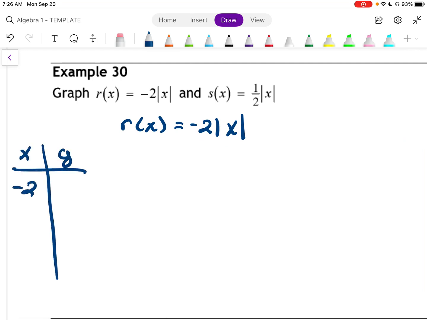We'll put in -2, -1, 0, 1, and 2. Whenever I plug in a -2 inside the absolute value bars, it makes it +2, and then times -2 gives me -4. -1 in the absolute value is +1, times -2 is -2, then 0, -2, and -4.